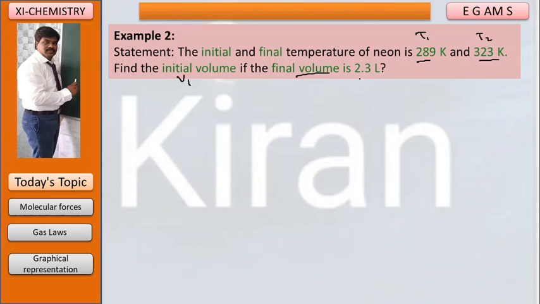Final volume they have given, that is V2. So we have a formula V1 by T1 is equal to V2 by T2. Based on this, write the V2 formula. V2 is equal to V1 by T1 into T2. When you substitute the values, you will get the answer.